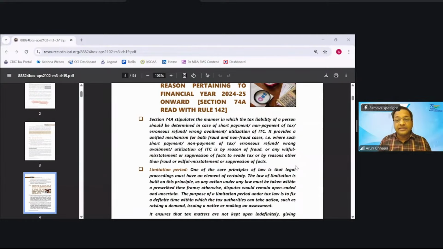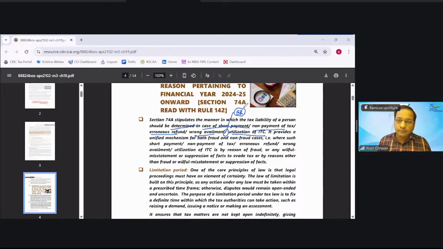Now read. 74A stipulates the manner in which the tax liability of the person should be determined in case of short payment, non-payment, erroneous refund, wrong availment, or utilization. Please note that this is 'or'. Why am I highlighting this?